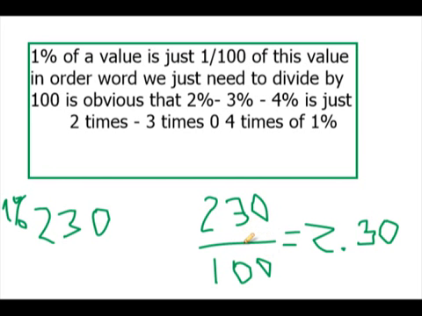So remember, for 1%, you just have to divide by 100. Once you know 1%, it's the same as for 10%: you can get 2% with 2 times, 3% with 3 times.